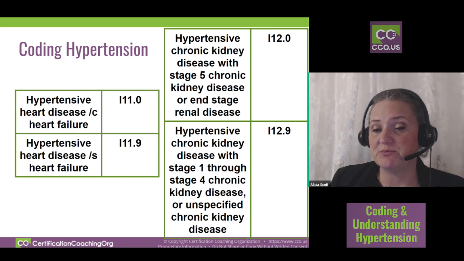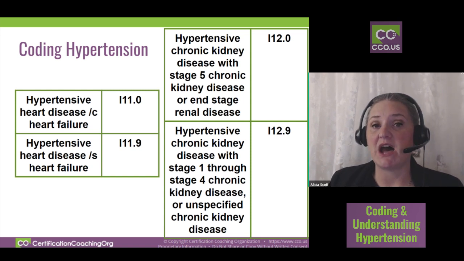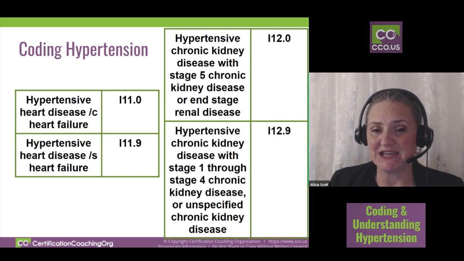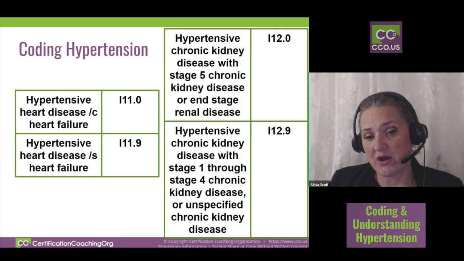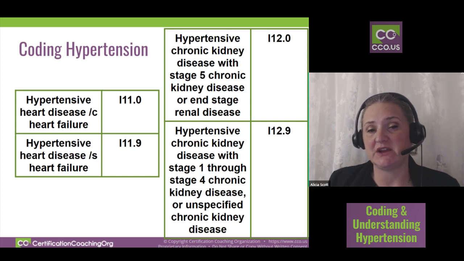Then we have I12.9. Again, we have hypertensive chronic kidney disease, meaning our patient has hypertension and CKD with stage 1 through 4 chronic kidney disease, or unspecified chronic kidney disease.